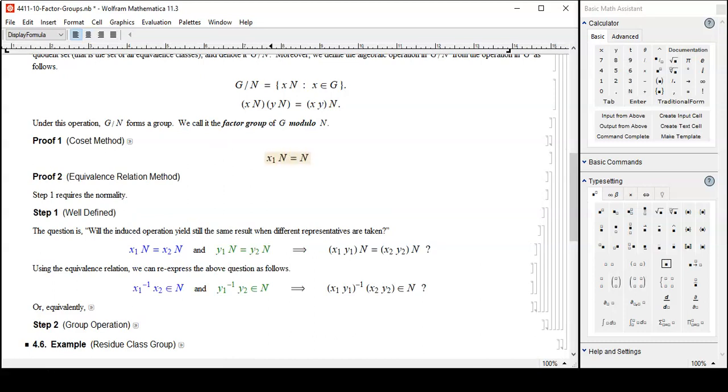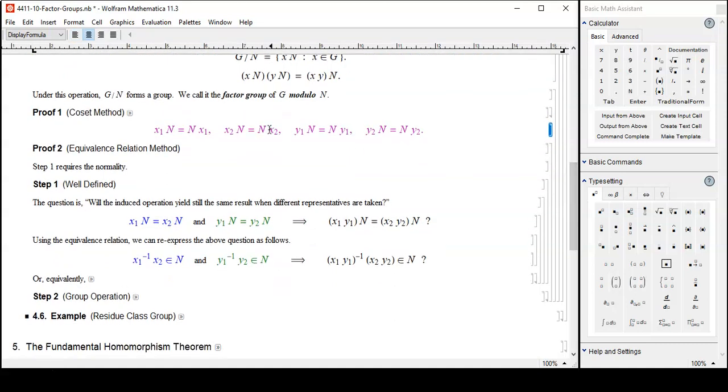In other words, we'll have to use these as well: Nx1 is equal to x1N, Nx2 is equal to x2N, Ny1 is equal to y1N, and finally Ny2 is equal to y2N. This purple relation comes from the fact that N is normal.